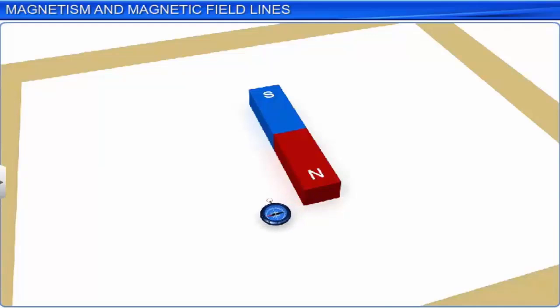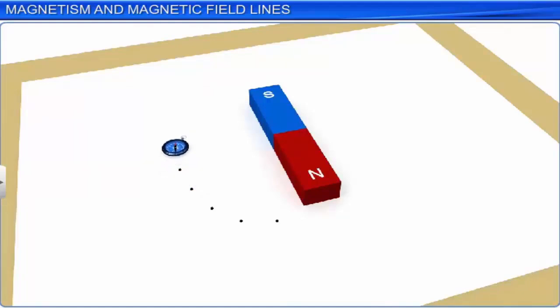Shift the compass such that the south of the compass needle is observed at the plotted point. Then, again plot another point at the north of the compass needle, and then shift the compass as done earlier. Repeat the process to plot different points on the sheet around the magnet, and note down the orientation of the compass at each position.